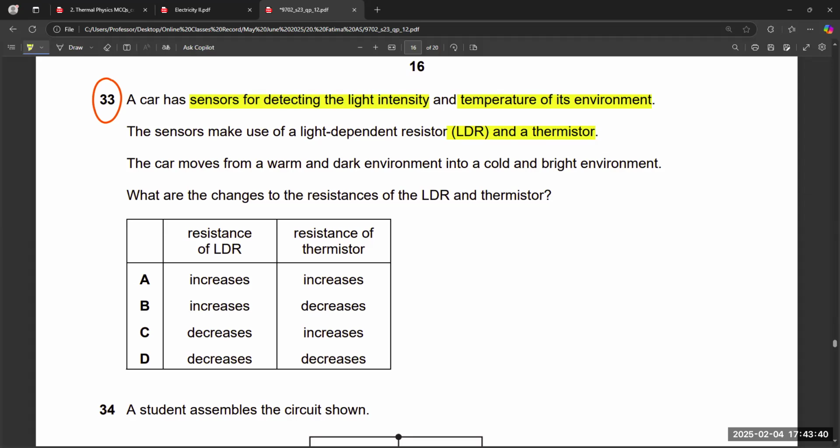So the car moves from a warm and dark environment into a cold and bright environment. So what are the changes to the resistance of the LDR and thermistor?